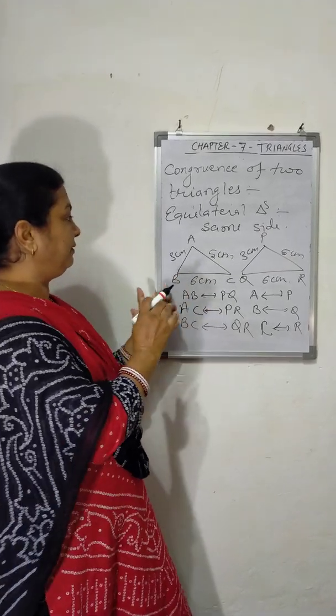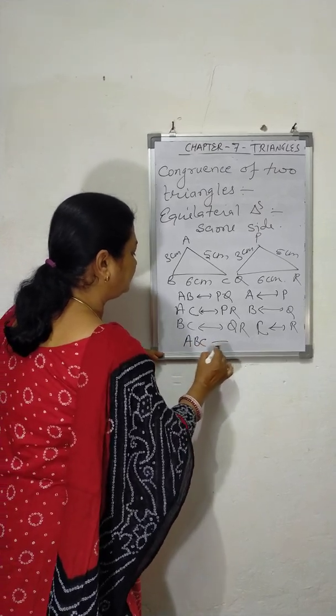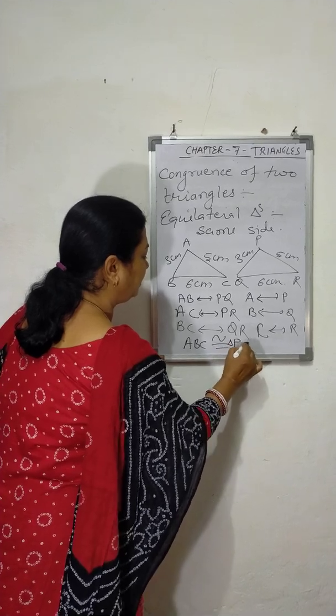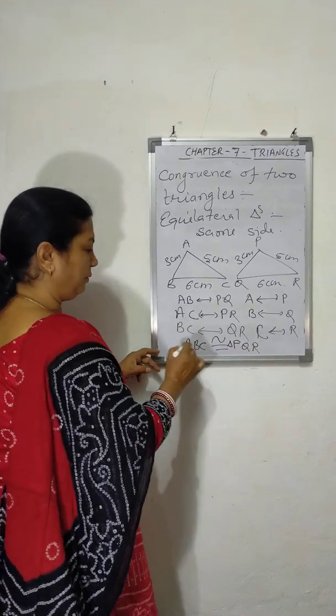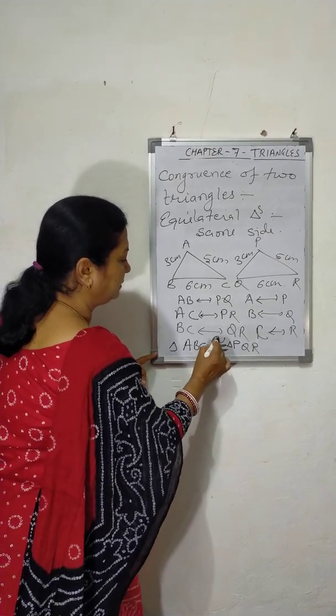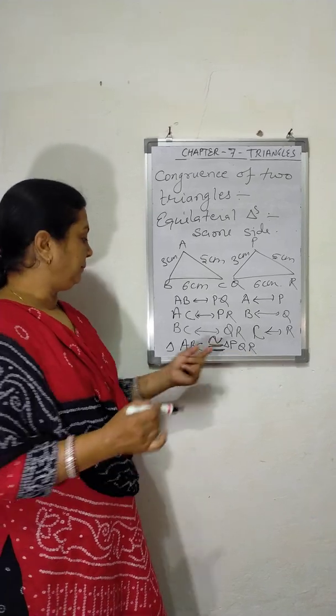So here we can say triangle ABC is congruent to triangle PQR. Okay? This is the symbol of congruence. Triangle ABC is congruent to triangle PQR.